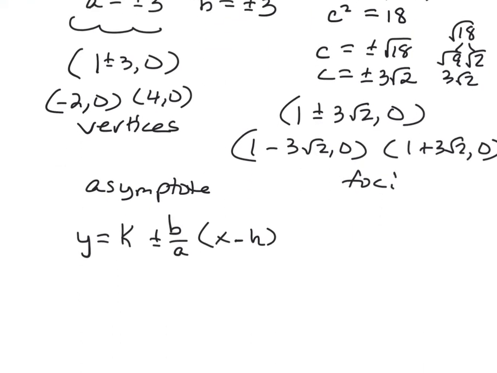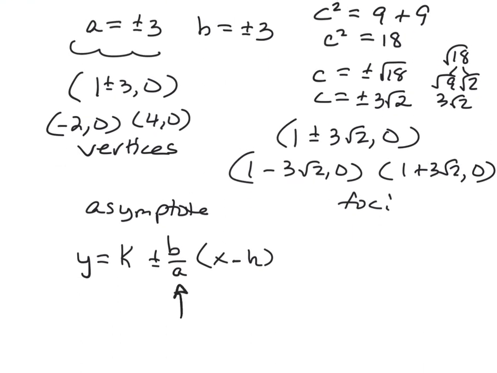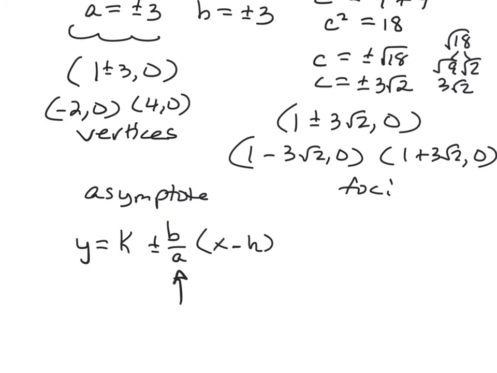Because remember, this is going to be the slope that we move from the center. So however, if they ask you to list the asymptote equation, it's going to be y equals, and my k is 0, so plus or minus 3 over 3, x minus 1.